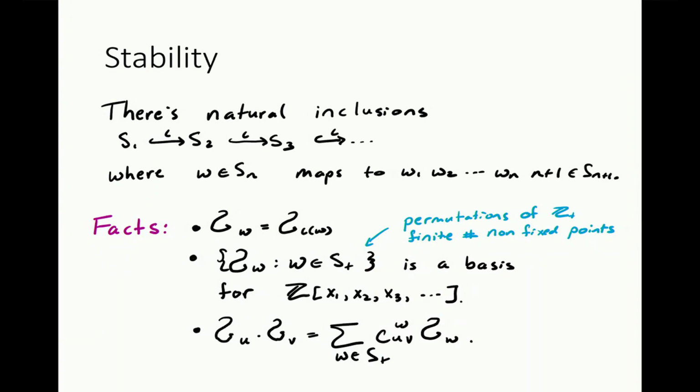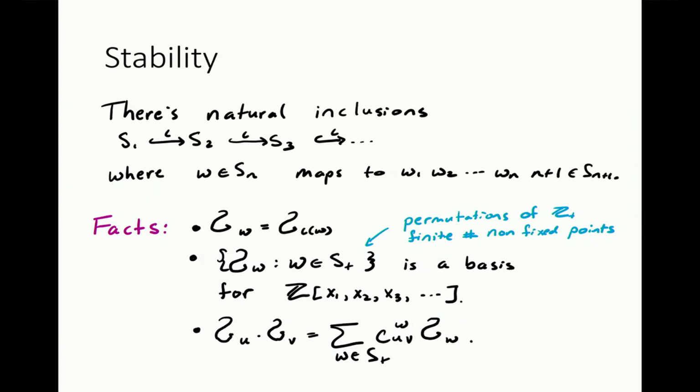So we can really think about them as being indexed by permutations of positive integers, and you want these permutations to have a finite number of non-fixed points. Basically, you can think about them as living in some finite symmetric group that's large enough, but they're all playing nicely together in this much larger place.